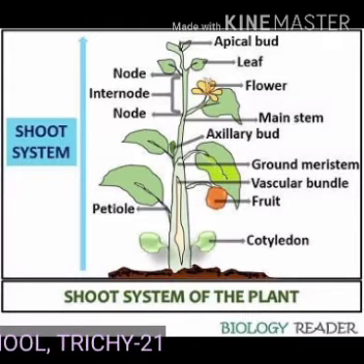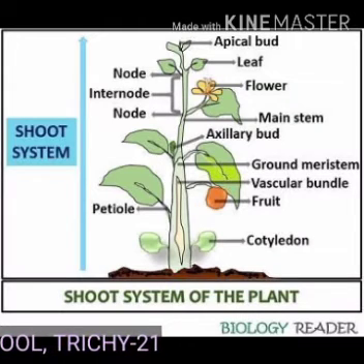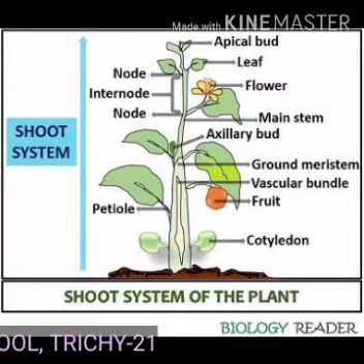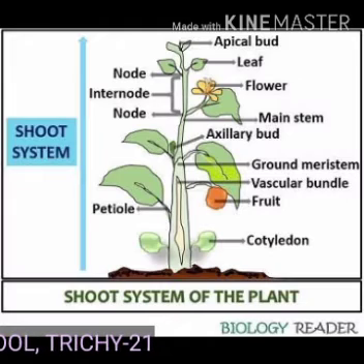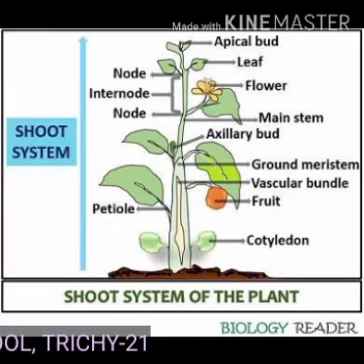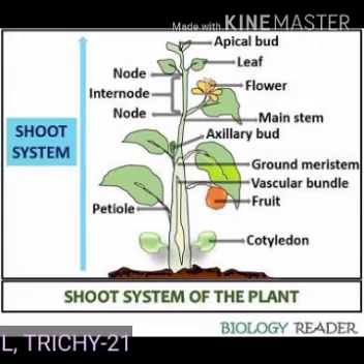Further cell division and growth result in the formation of a mass of tissue called leaf primordium. This point from which the leaf arises is called node. The region between the two adjacent nodes is called internode.